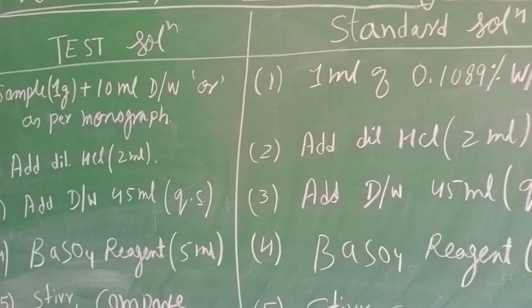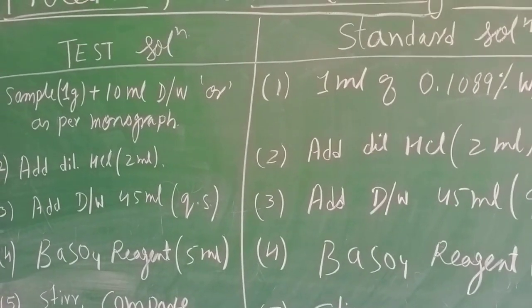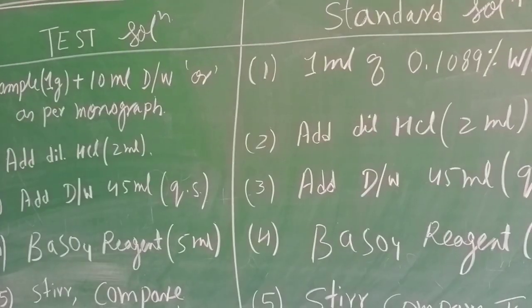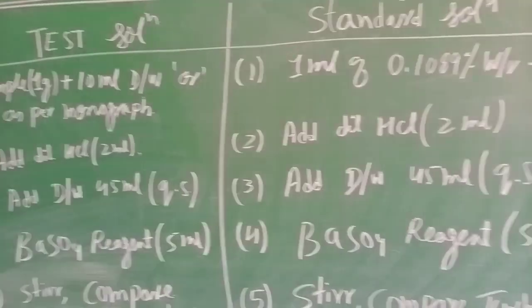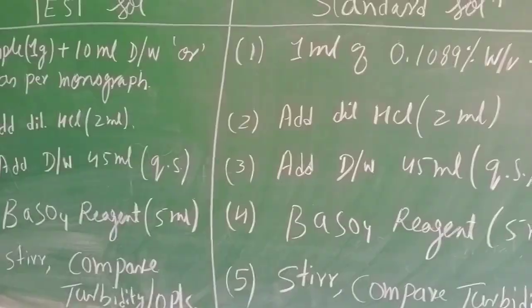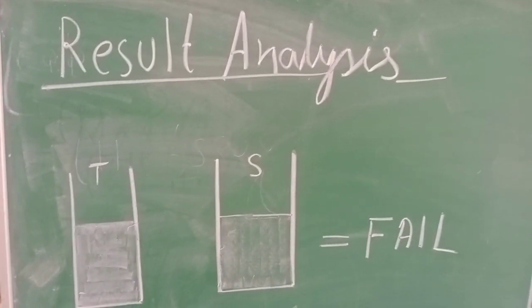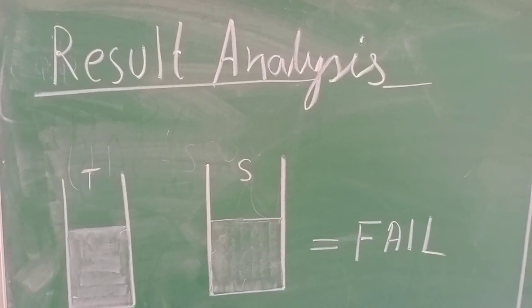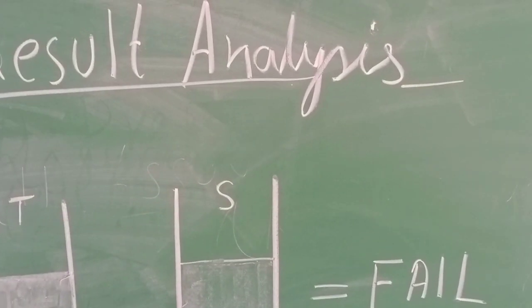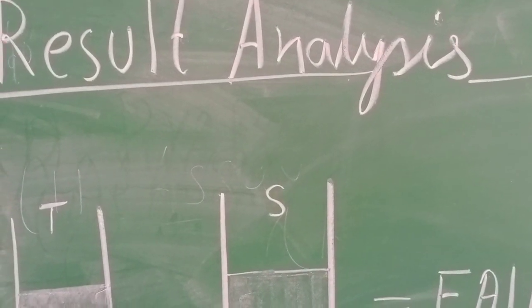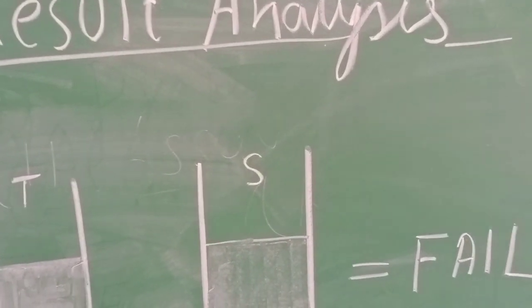And according to that compared turbidity is our result. So I here further discuss the result analysis, or the outcome, for the limit test of sulfate.